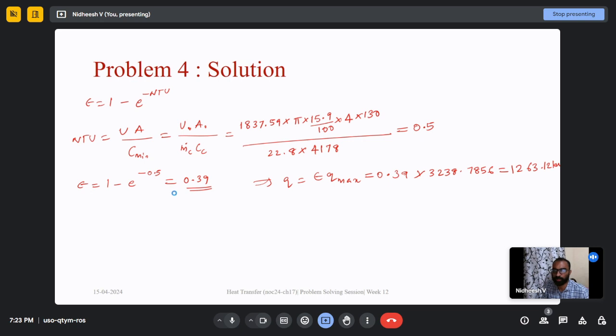The final result, the mass flow rate of hot fluid, will be Q by HFG, that is 1263.12 divided by, what was HFG? 1263.12 divided by 2373.